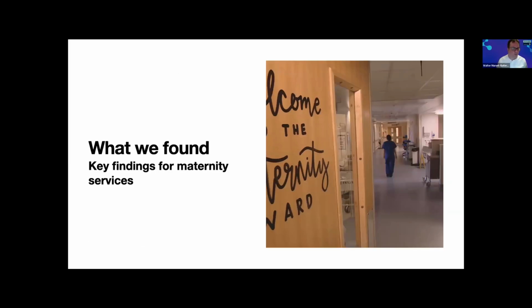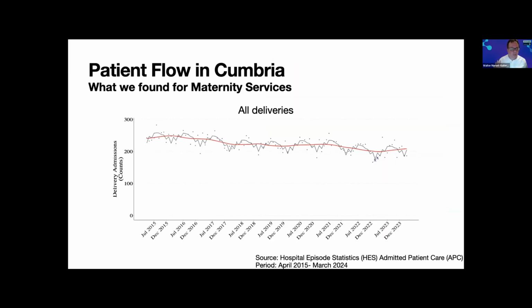Some of the key findings with our analysis are, first of all, we can have a look at how service utilization has varied across time from 2015 to early 2024.